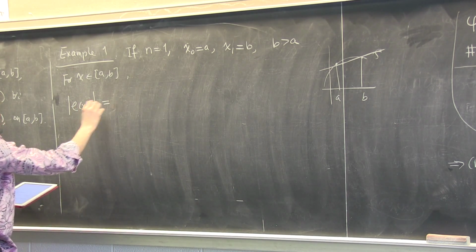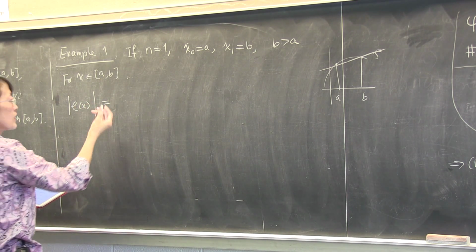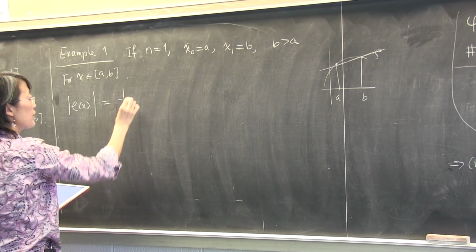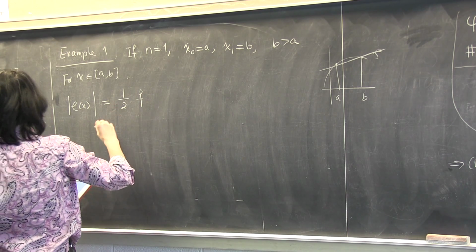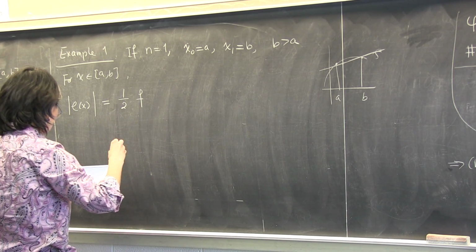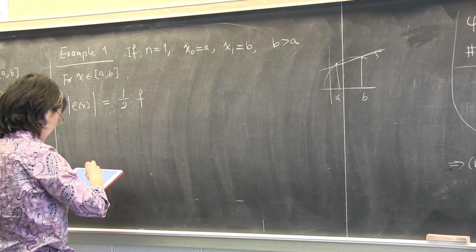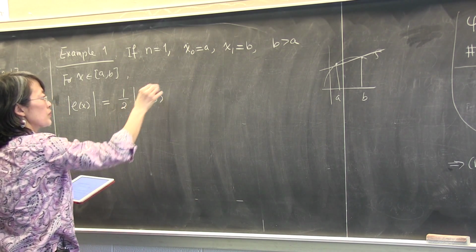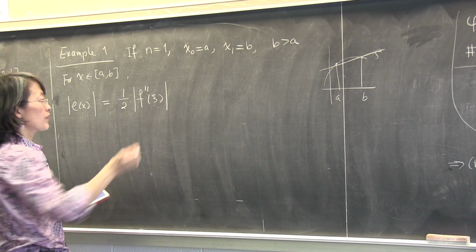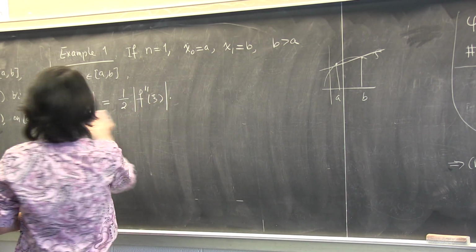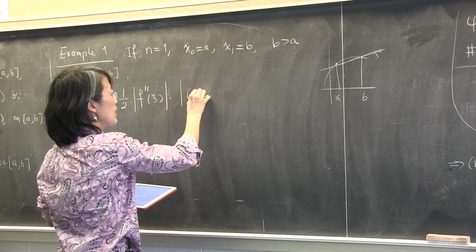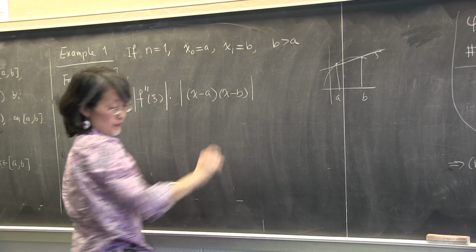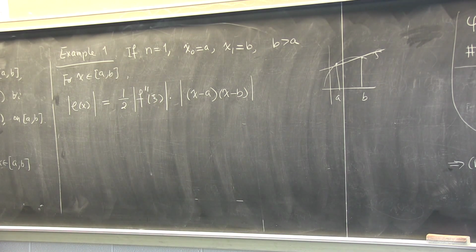Following my theorem, which we just proved, this is 1 over 2 factorial, so it's 1/2 times f to the n plus 1, which for n equals 1 is the second derivative at some psi, in absolute value. Is that right? I'm taking absolute value everywhere. And then the product will contain 2 terms, x minus a, x minus b. Is that right? So far it's still an equal sign.